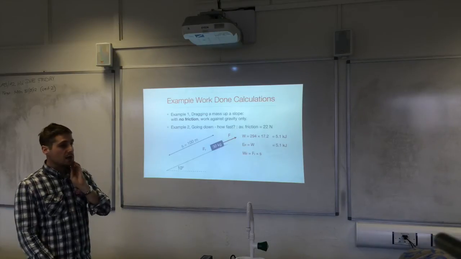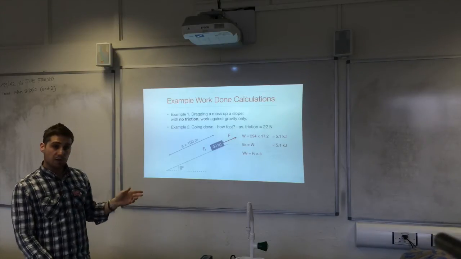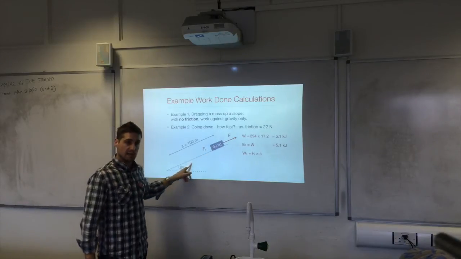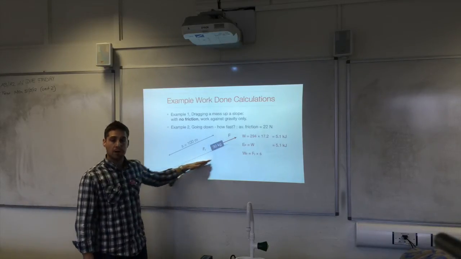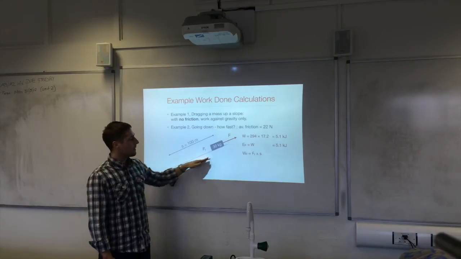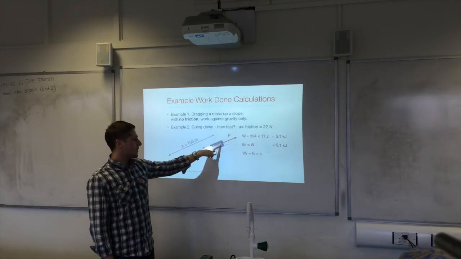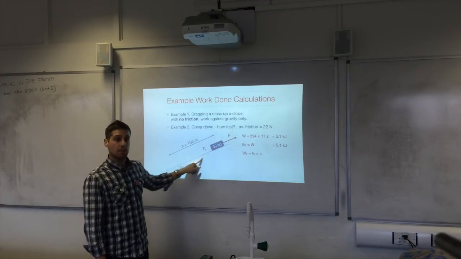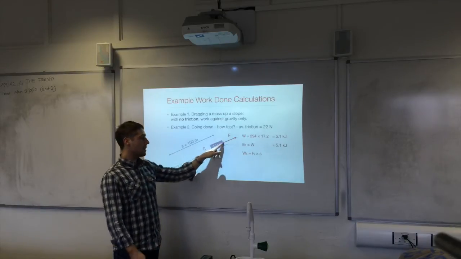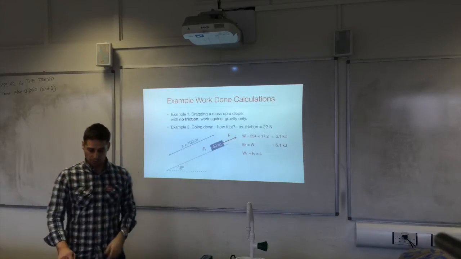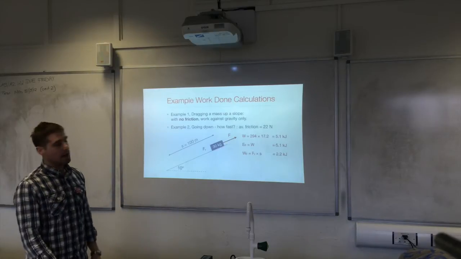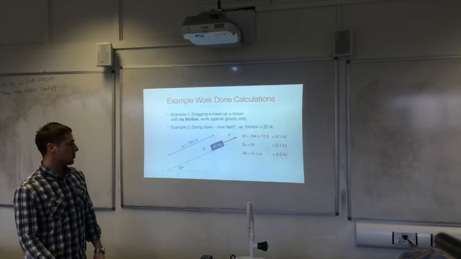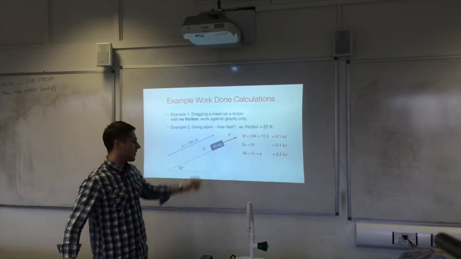The work done against friction is the friction force multiplied by the distance that it's actually moving. Now the friction force is parallel to the slope. So therefore, that's where this 100 metres is going to come into play, because this is the distance moved in the direction of that force. And that is 2.2 kilojoules, so that's 22 times 100.